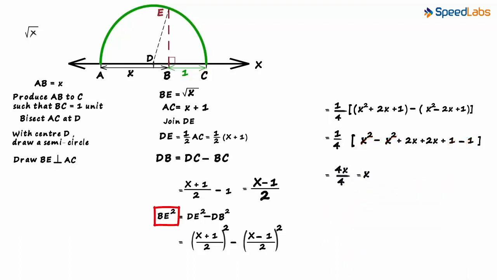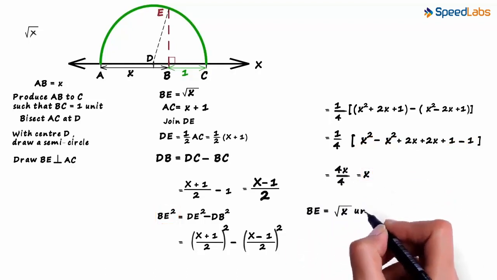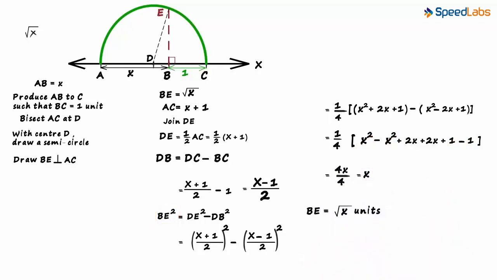Since BE squared is equal to x, BE will equal root x units. The proof is long, but is very straightforward. The construction is simple, the steps are simple, and to prove it, all we need to do is focus on the triangle.